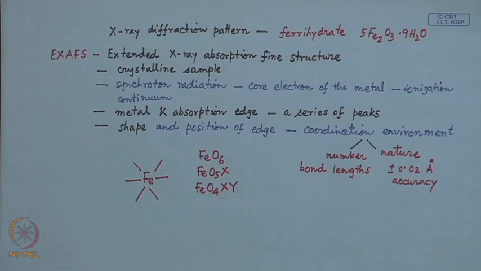What are these X and Y? Sometimes we will find that some of the donor atoms cannot be identified precisely. So, that can be chloride, that can be phosphorus, or that can be any other donor atom.